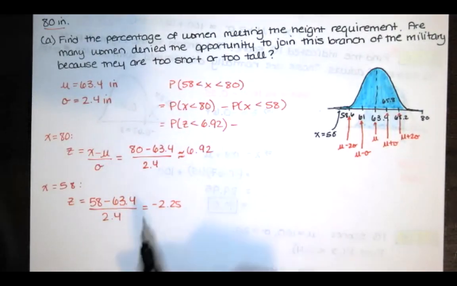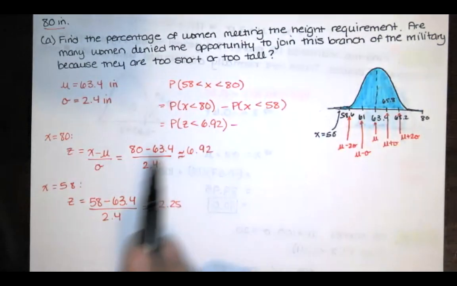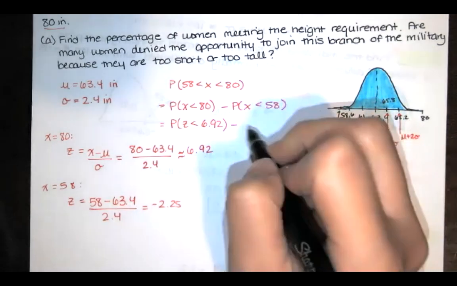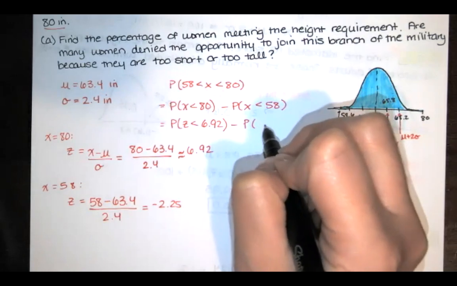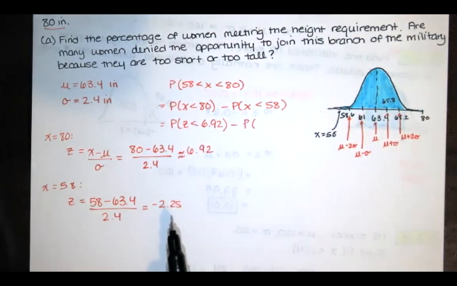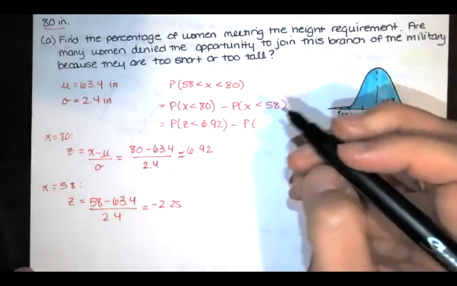That's more typical. It's still more than 2 standard deviations below the mean, but it's nothing like nearly 7 above the mean, which is very improbable. It's very improbable to have a woman who is 80 inches tall. That's a tall woman.